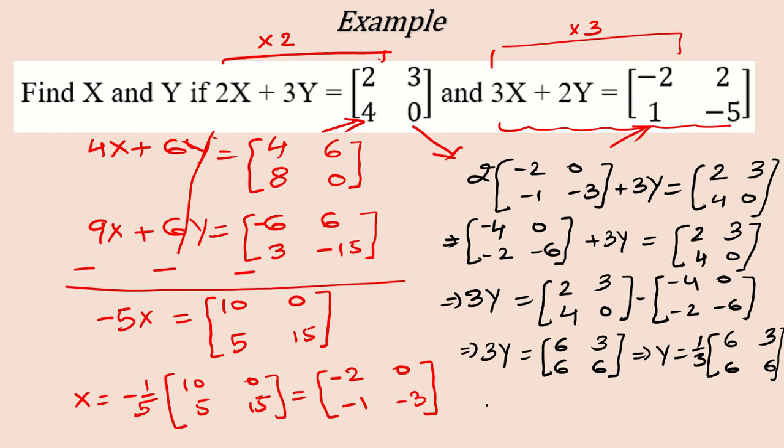Now every element will be divided by 3. So what will be the value of y? 6 divided by 3 means 2, 3 divided by 3 is 1, 6 divided by 3 is 2, and 6 divided by 3 is 2. So this is the value of y and this is the value of x. Just be a little careful in the calculations and you see how easily we can do the questions.